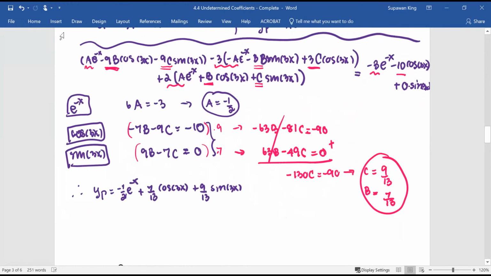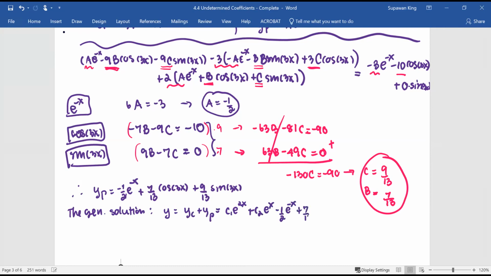as a particular solution. Then the general solution of this differential equation would be y equals yc plus yp, or c1 e to the 2x plus c2 e to the x minus 1/2 e to the negative x plus 7 over 13 cosine of 3x plus 9 over 13 times sine of 3x.